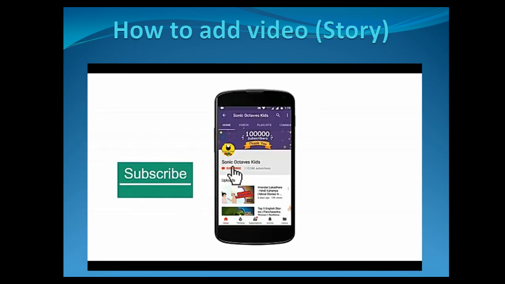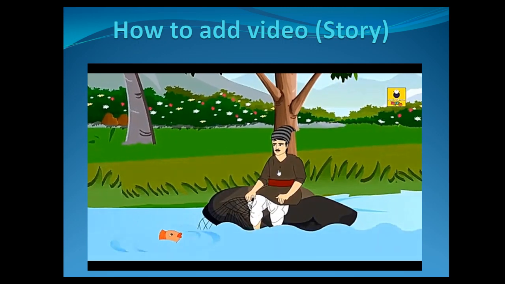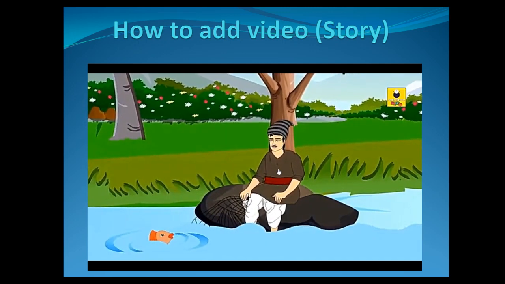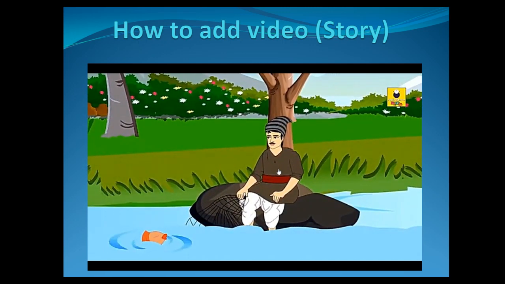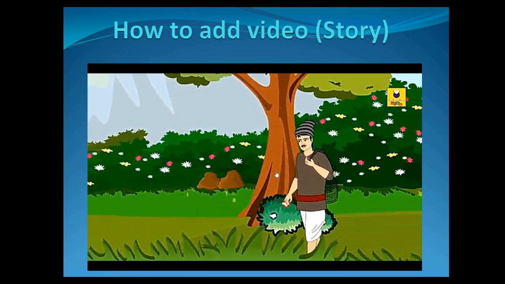That is how to add the story. So this was the story which I have added to my slide. The name of the story is Clever Fish. One day, a fisherman was... So I'll just stop my story by clicking on that. I'll go to my next one.